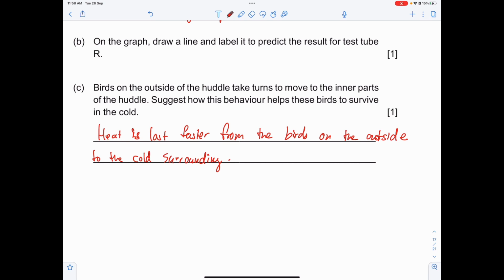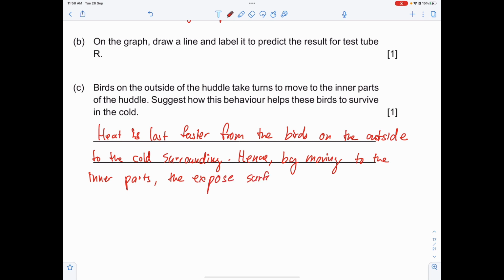Hence, by moving to the inner parts, the exposed surface area of the bird will decrease, slowing down the rate of heat loss.